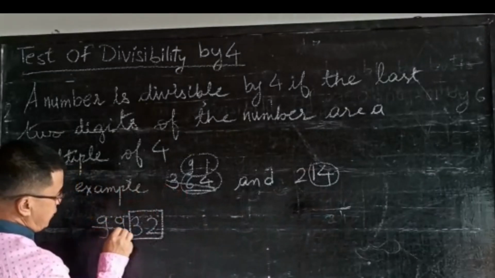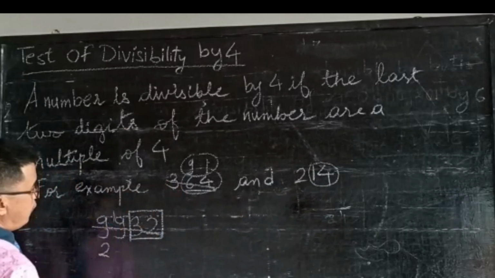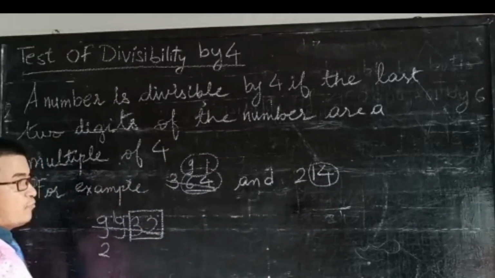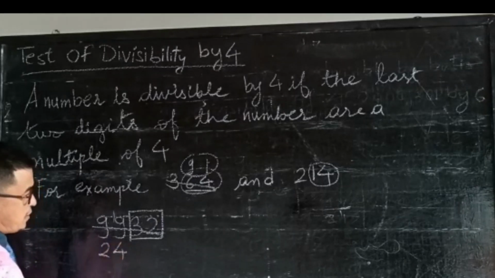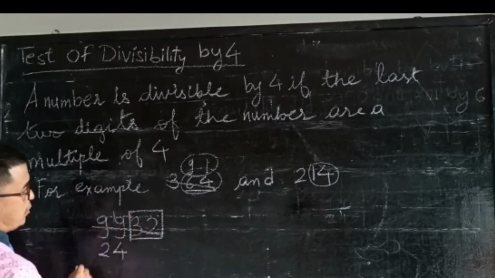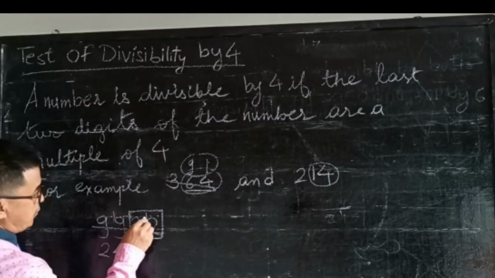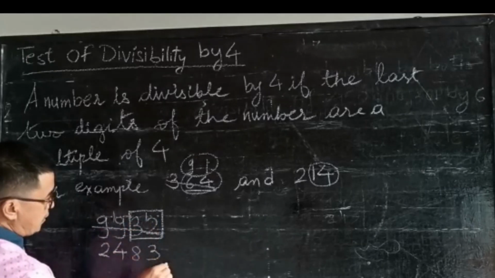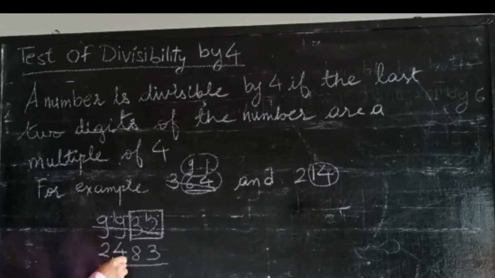Now we'll see how many times 4 will go into 9932. 4 times 2483.